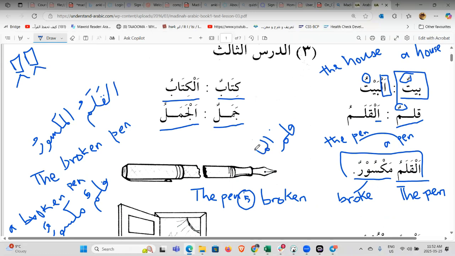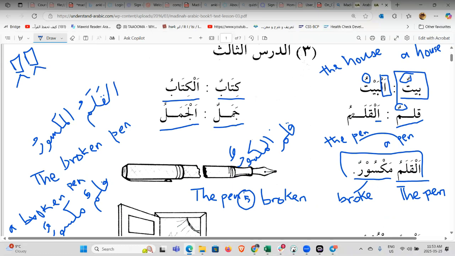This does not exist in Arabic. Well, it sort of doesn't exist. When I say sort of, there's something called taqdeem and ta'khir. So sometimes we swap the position of things.